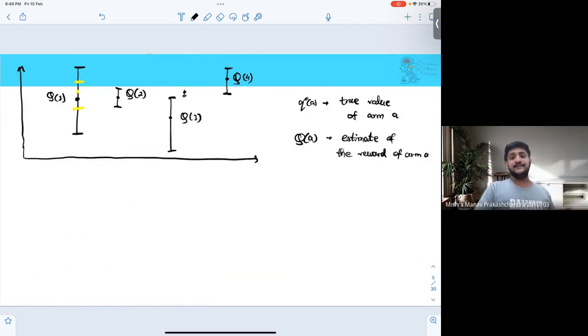Now another advantage that the UCB algorithm gives is that the bound it gives on the regret optimality is superior to the bounds that one would typically get by using a softmax or an epsilon greedy algorithm. So maybe we talk about the concentration bounds.